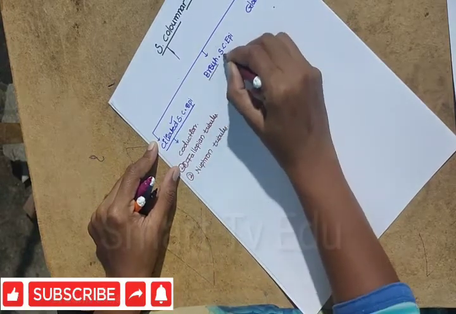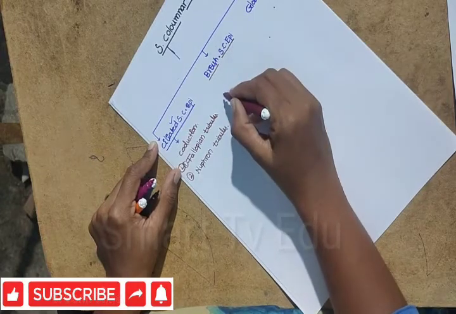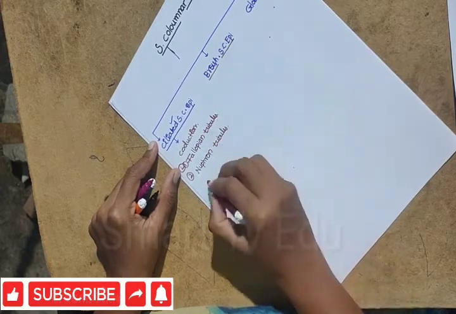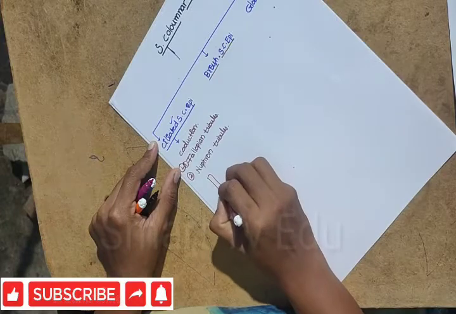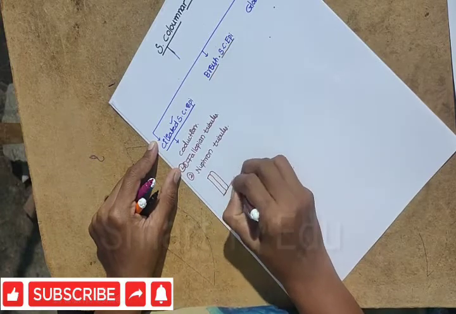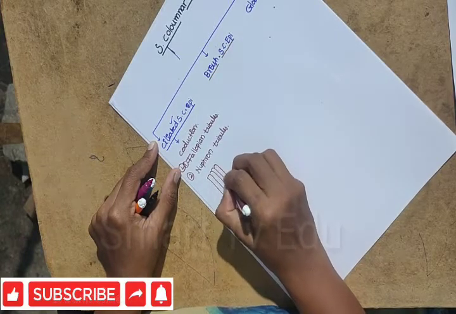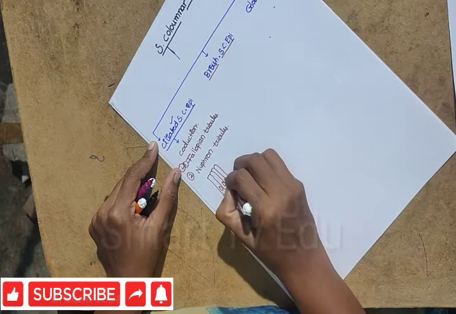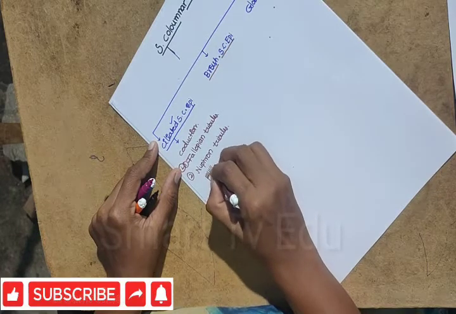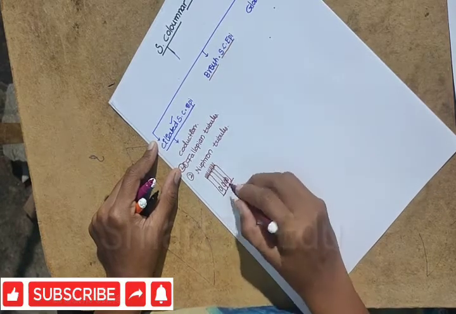The second one is brush-like simple columnar epithelium. This is the structure of ciliated columnar epithelium.